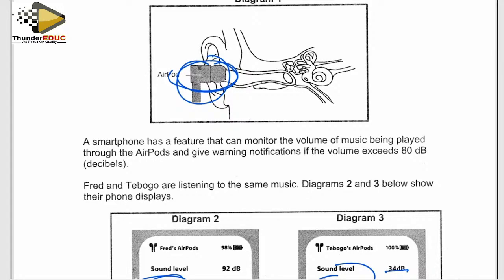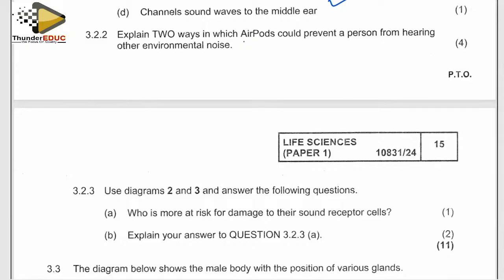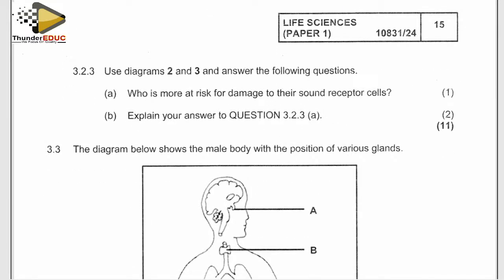Another thing is that the sound is directed from the iPod directly into the ear, meaning that it doesn't go out. So your answer is supposed to be related to that explanation.